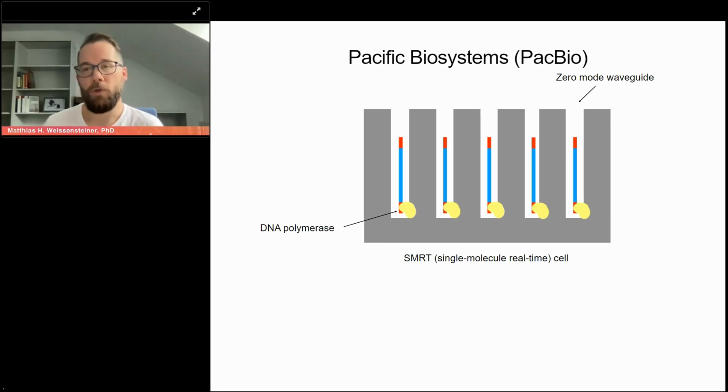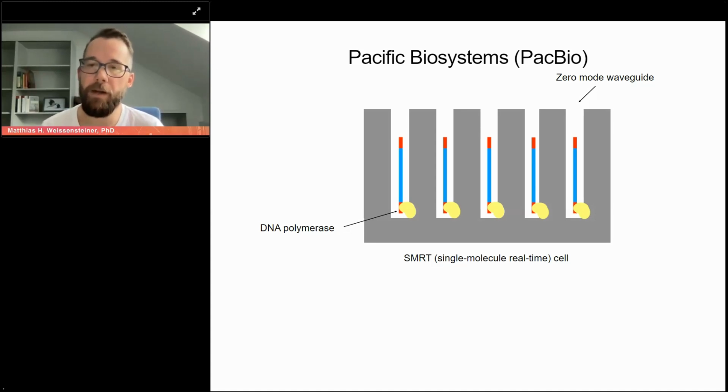To go on to the next sequencing technology, Pacific Biosciences. So this is a fundamentally different sequencing type or approach. And in this case, single molecules are sequenced without any amplification step. So it's called single molecule real-time sequencing.